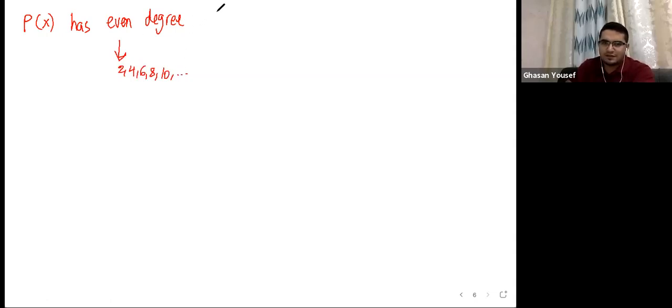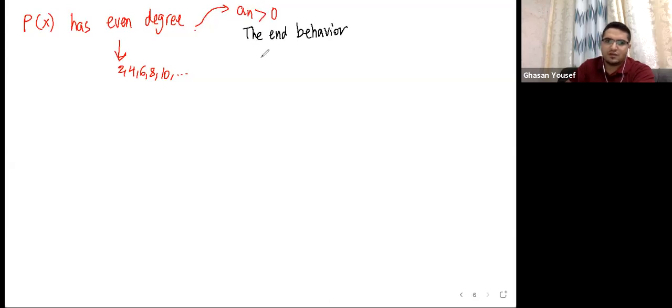Now, we have two cases. The first one, when a_n, the leading coefficient, is positive, so the end behavior for this, when x goes to infinity and when x goes to minus infinity.